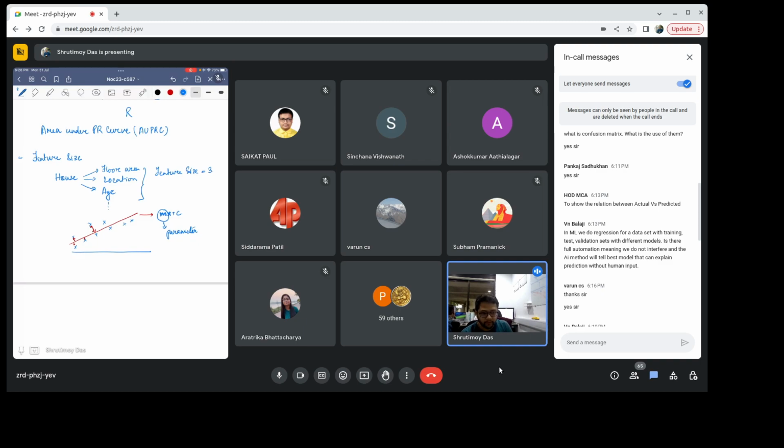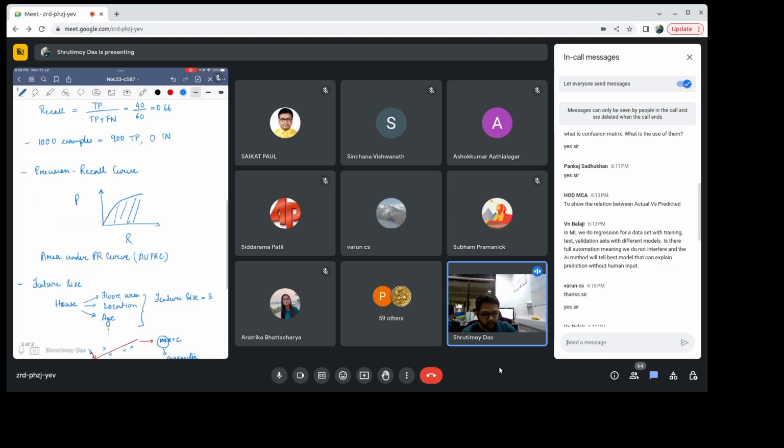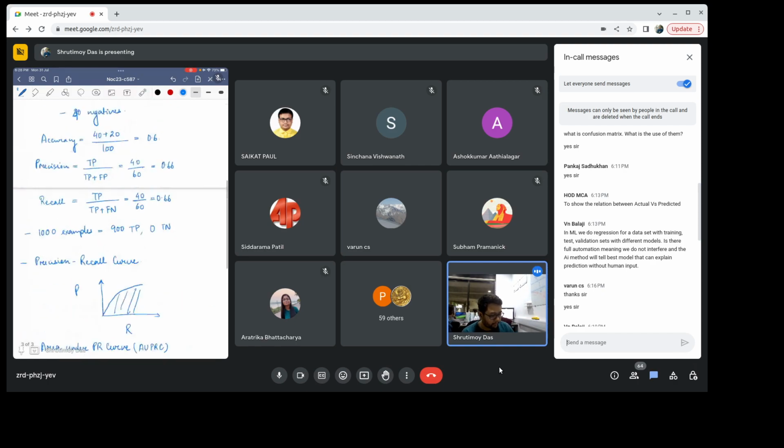Because you don't want an algorithm to say that someone is cured when he's not cured. So in that case, we'd like the number of false positives to be small, and we will look at these precision and recall parameters. So it depends on the example or use case that you have.